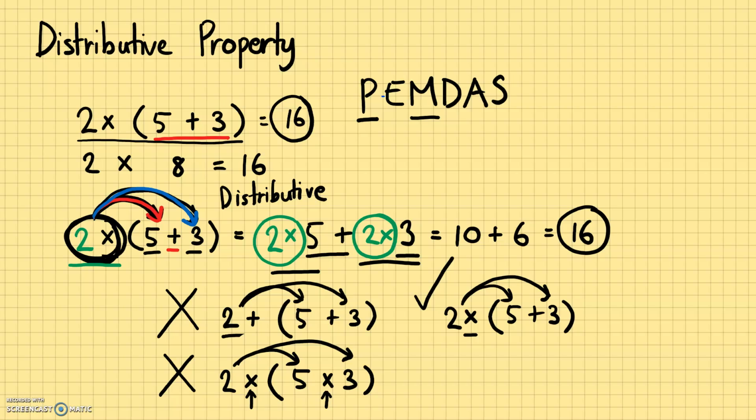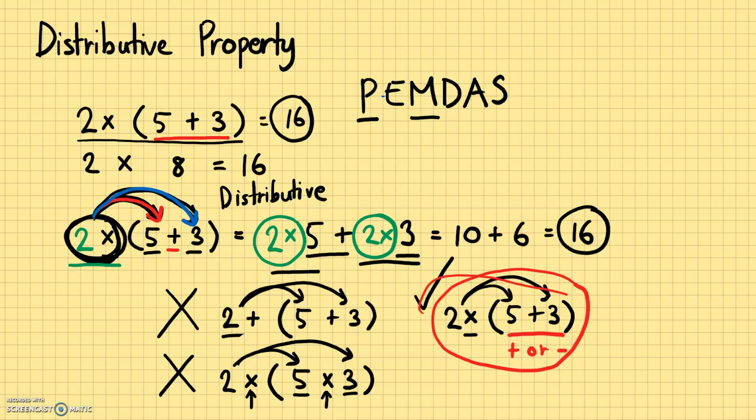So you can't distribute the 2 to both the 5 and the 3 here. You can only use distributive law when something is being multiplied and inside the parentheses it's addition or subtraction. Okay, so this is the only case of the cases that I've written here where you can use distributive property.